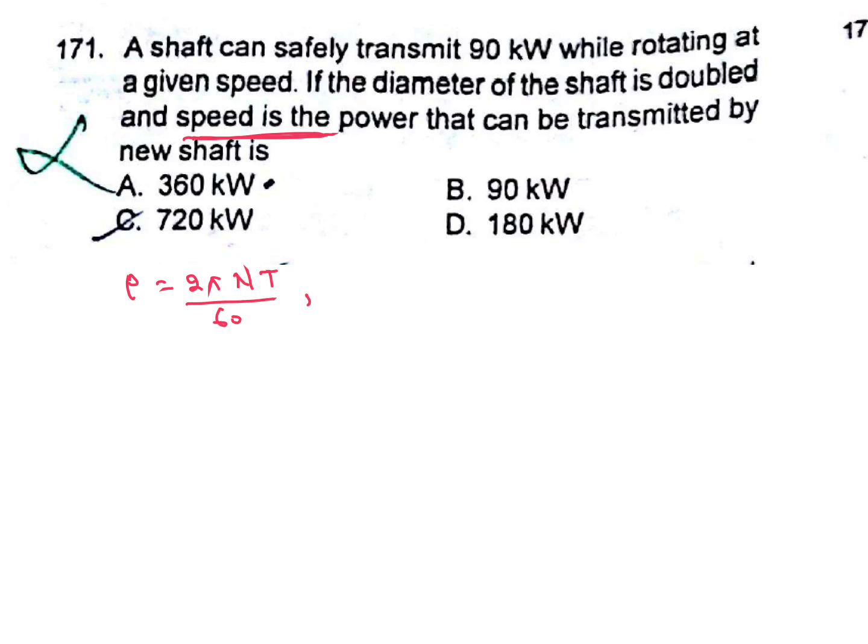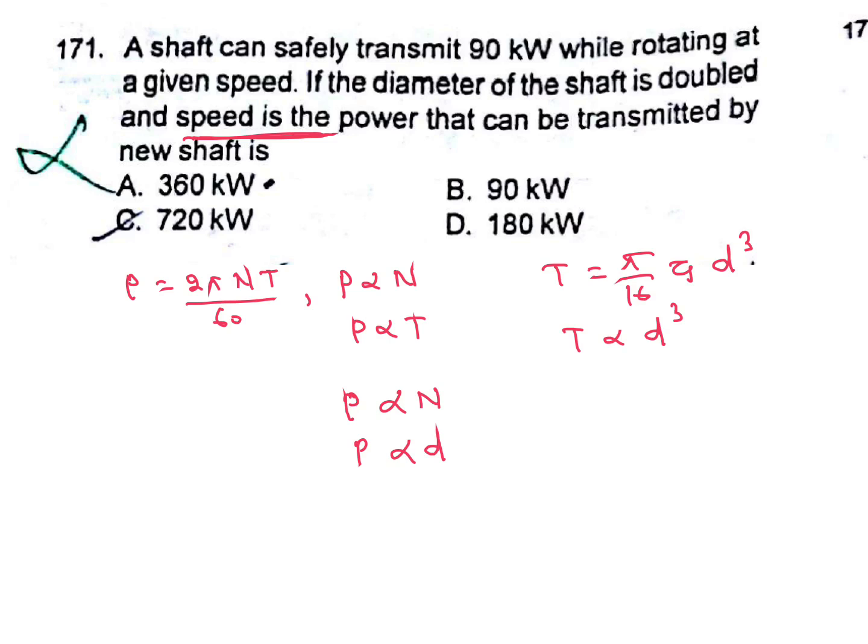Power is proportional to n and power is proportional to torque T. T is pi by 16 tau s d cube. So T is proportional to d cube. So P is proportional to n, P is proportional to d cube.